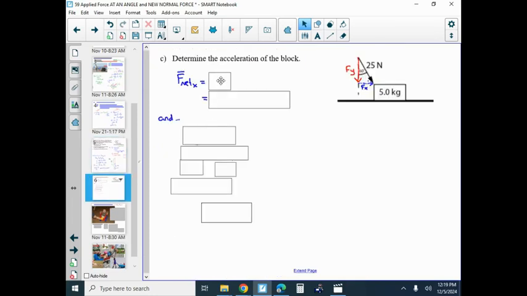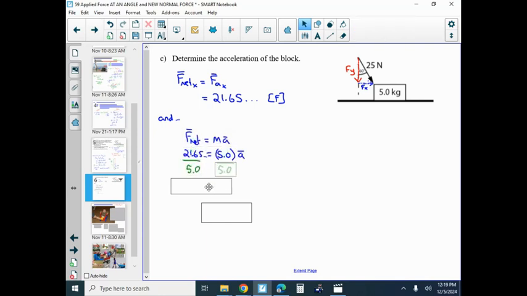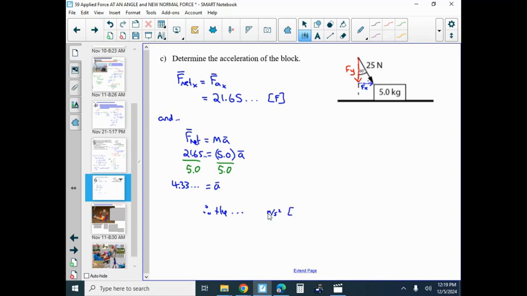So that is components and normal force, and now we're going to get the acceleration of the block. We're looking at horizontal motion because we're on a flat surface here. So our net force is the 21.65. And of course, F net equals ma, so divide out your 5, and that gives you the acceleration. Therefore, and so on. I would have my units in here, of course, meters per second squared and to the right.